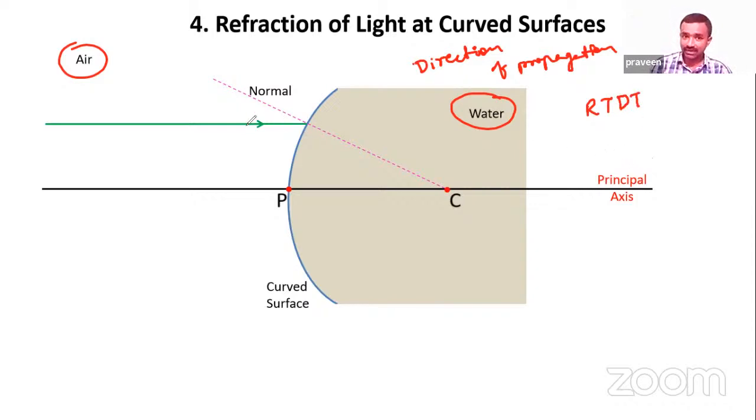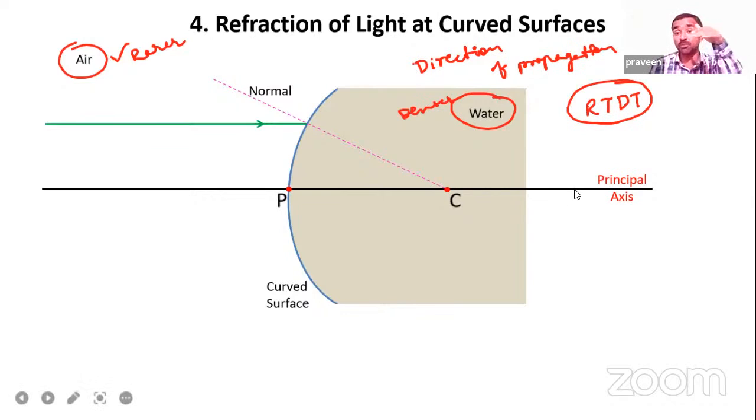So here the light ray incident on the convex surface is in the rarer medium and propagating into the denser medium. Then what happens? I'm using the same code RTDT, rarer to denser, towards the normal. The light ray bends and deviates from its path.